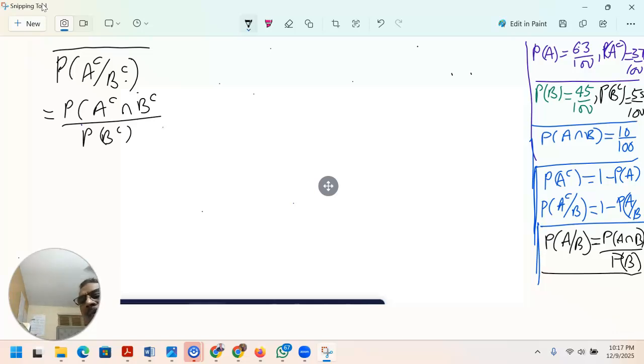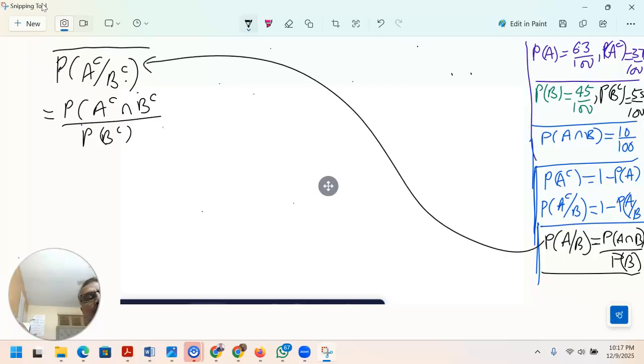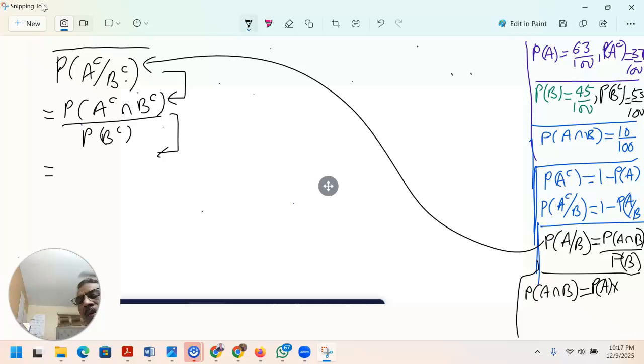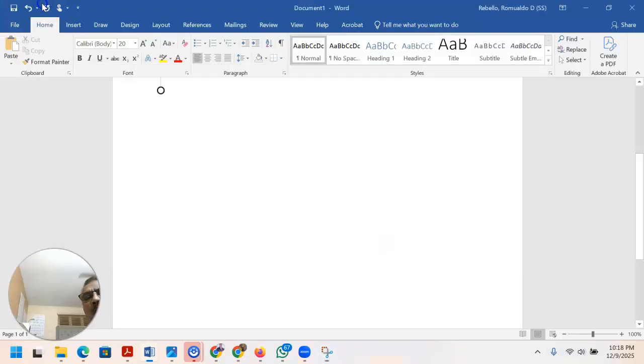Now I'm going to use the multiplication rule, which I think I wrote earlier: probability of A and B is probability of A times probability of B when A has occurred.